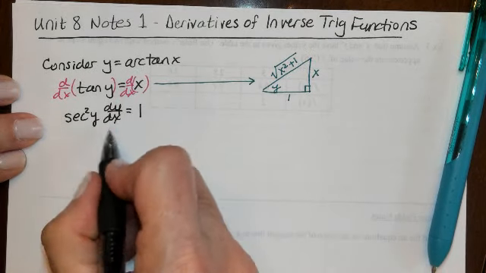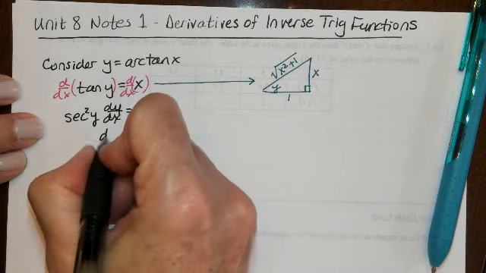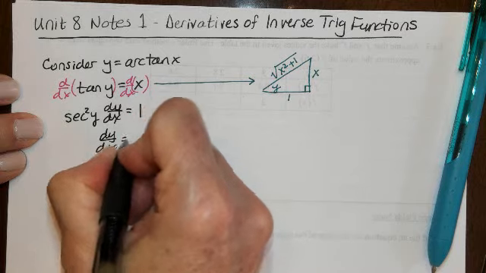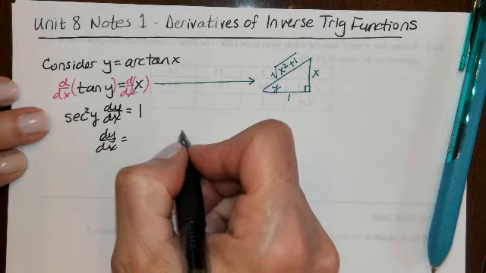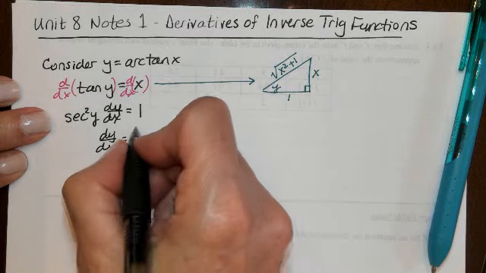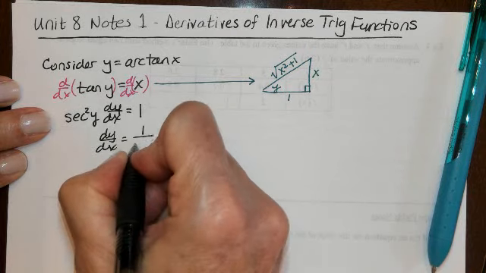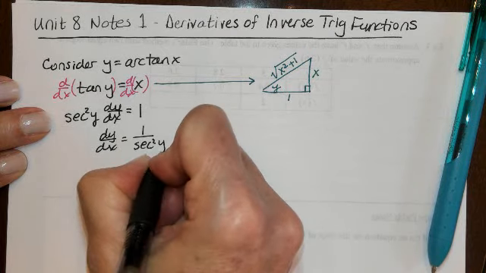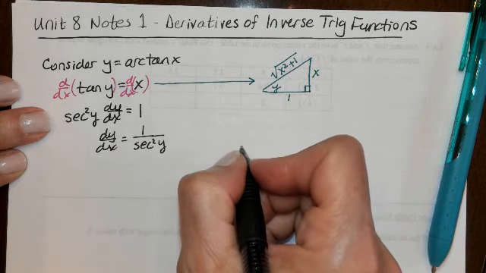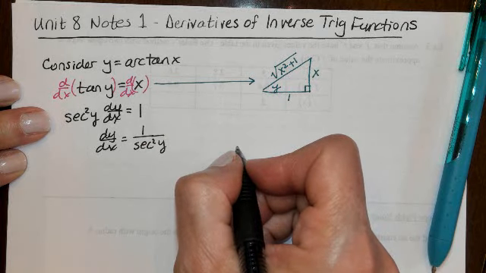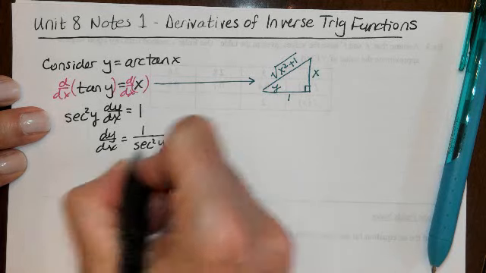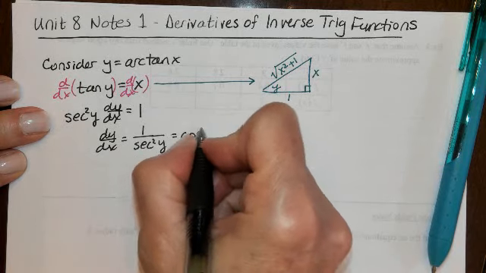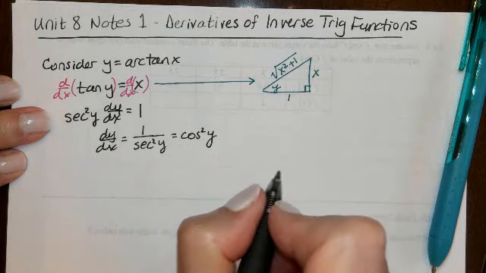And now we can solve this for dy dx, and we get dy dx is equal to 1 divided by secant squared y, which is the same thing as cosine squared y, right? Okay?